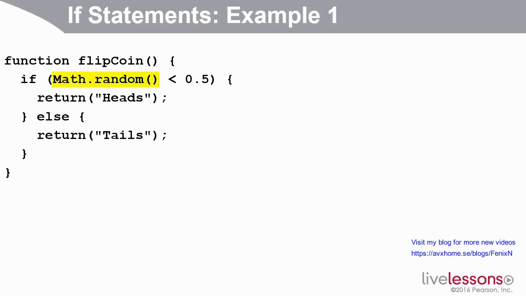In other words, any value between 0 and 1 is equally likely every time you call Math.random. So that means that 50% of the time, it should be less than 0.5, and 50% of the time, it should be greater than or equal to 0.5. So this entire thing, half the time, it should return heads, and half the time, it should return tails.